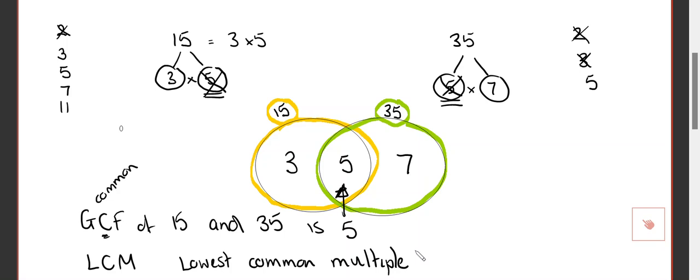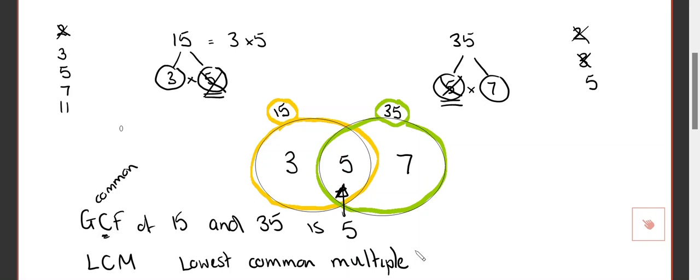Could you explain a multiple, Nasta, and give me an example? A factor of 35 is 7. A multiple of 7 is 35. There you go.